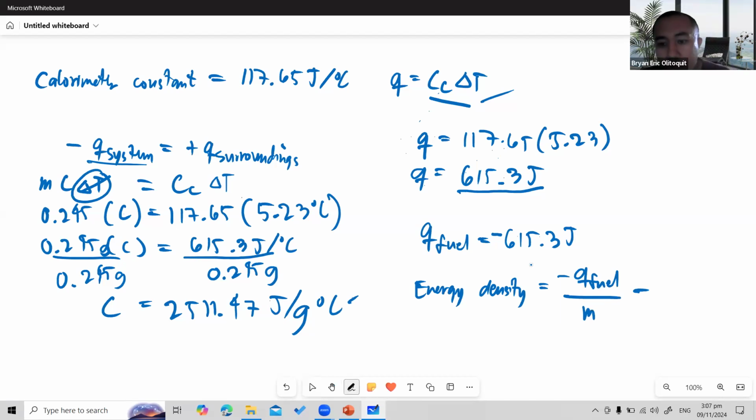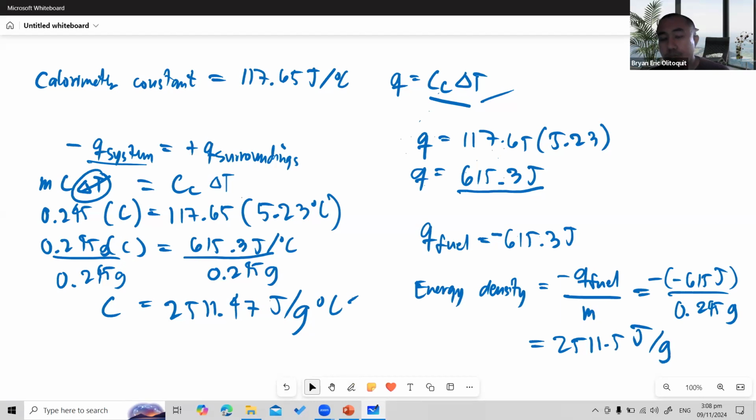So as you can observe, halos wala namang pinagbago dito sa ginawa natin. We still divided it by the mass. However, since negative to, so negative multiplied by negative 615 joules divided by 0.245 grams. So therefore, this is equivalent to 2,511.5 joules per gram of fuel. So ito na ngayon yung energy density.